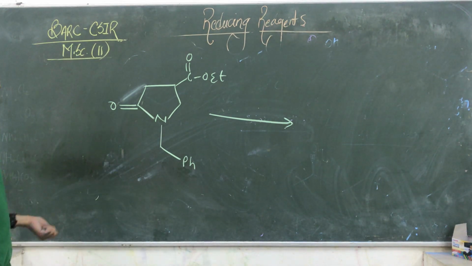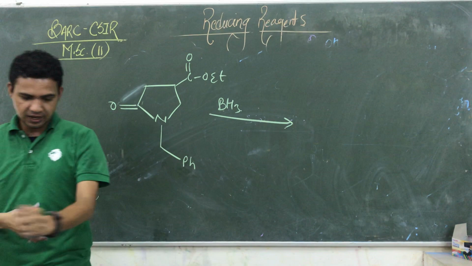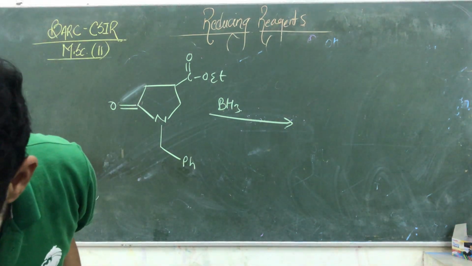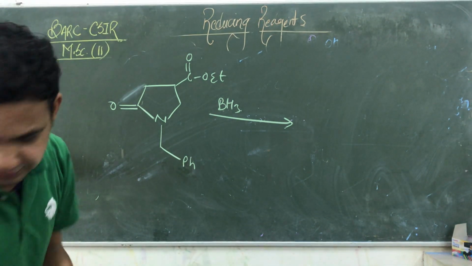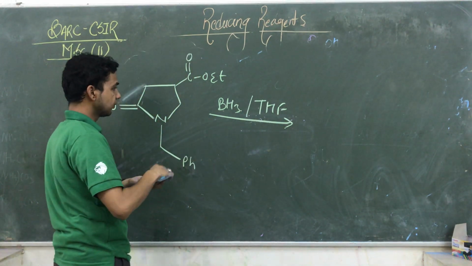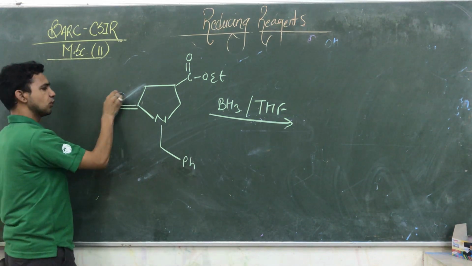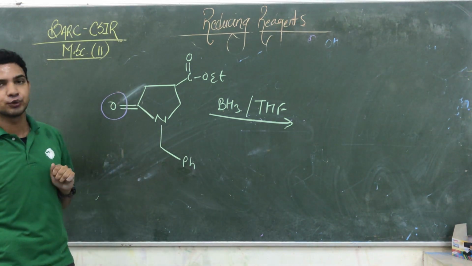This compound is also participating in chemical reactions. Here we are adding BH3 and using different kinds of solvent, BH3 and THF. Here the BH3 and THF is able to convert these ketonic groups, not into alcohol.